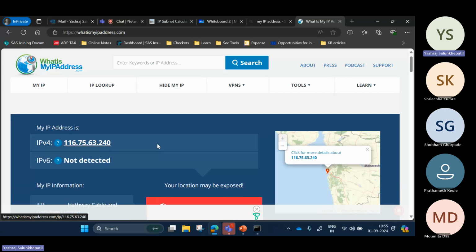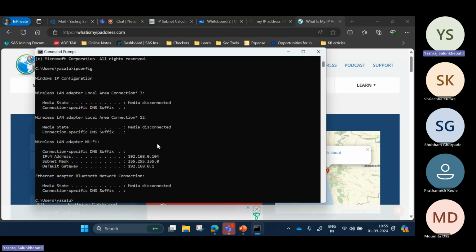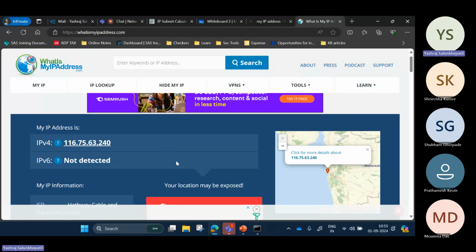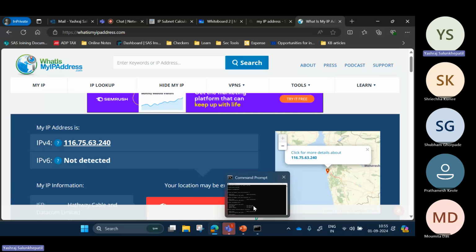This is my public IP address. ठीक है. अब हम बात कर रहे हैं कहां पे, टीम्स पे, जो कि चल रहा है कहां पे, इंटरनेट पे.